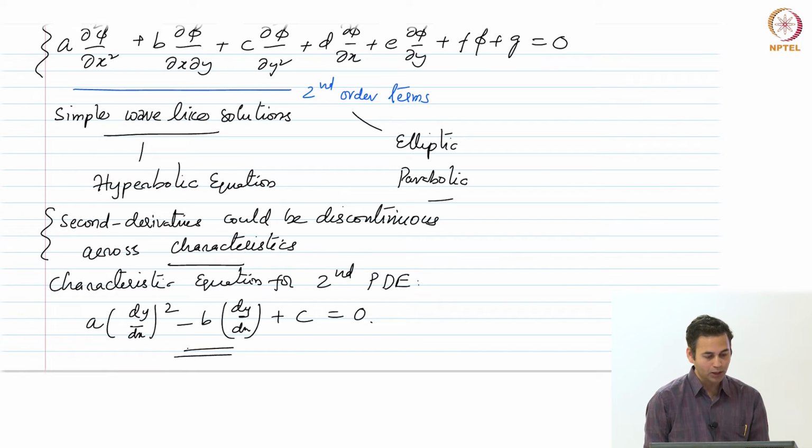All this classification has started because if you can find these characteristics, you can reduce your PDE to an ODE along these characteristic lines. And being an ODE, you can solve it in a much simpler way than a PDE. That is how all these methods originated. That is why we give so much emphasis to the characteristics and the wave-like solutions.